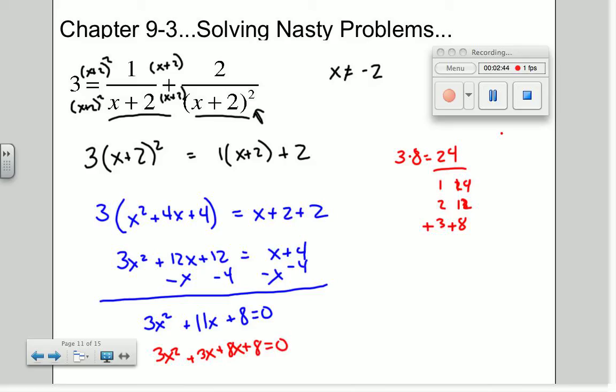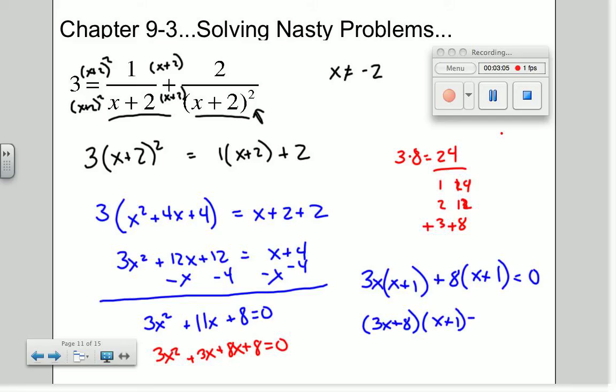First 2 terms, I can take out a 3x, and that gives me x plus 1, plus 8 times x plus 1 equals 0. So my 2 factors are 3x plus 8 times x plus 1. Set them both equal to 0 and solve, giving us x equals -8/3 and -1.